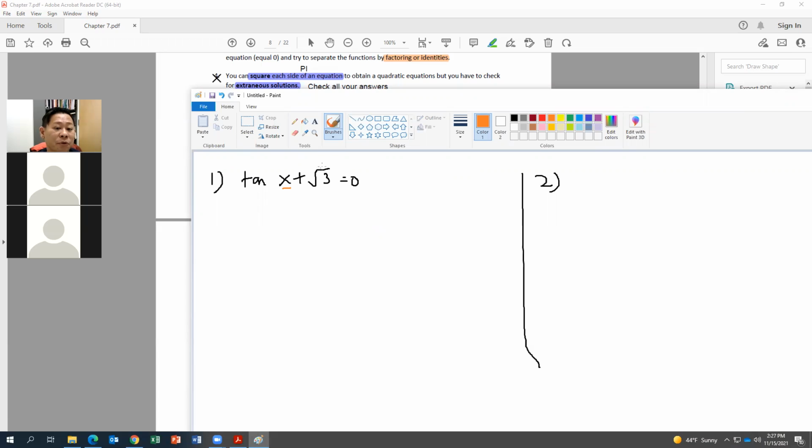So we move the √3 over, become what? Tangent x is negative √3. And then what happens to this tangent x? We move over, so it becomes what? The arctangent of it.